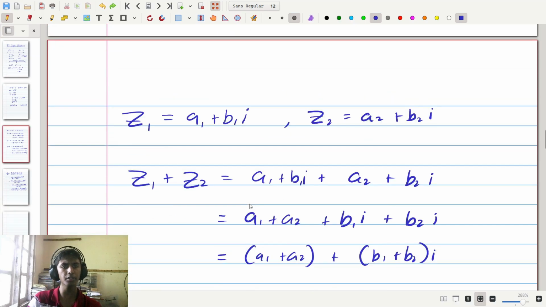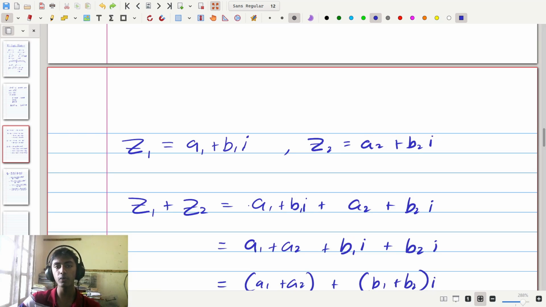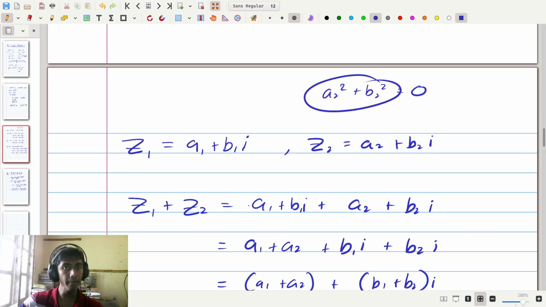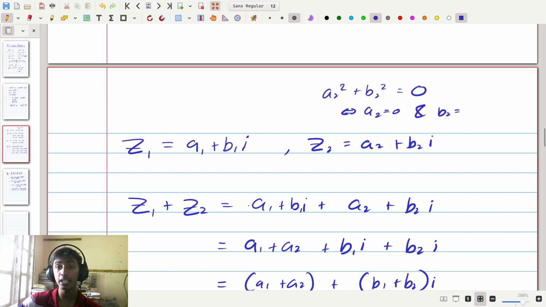Well, considering our definition of z2, if a2 squared plus b2 squared added together equal 0, and a2 and b2 are both real numbers, the only way this can happen is if, and I can put if and only if here as well, a2 equals 0 and b2 equals 0. So a2 is 0 and b2 is 0 is the only way that a2 squared plus b2 squared is equal to 0, since a2 and b2 are elements of the real numbers.